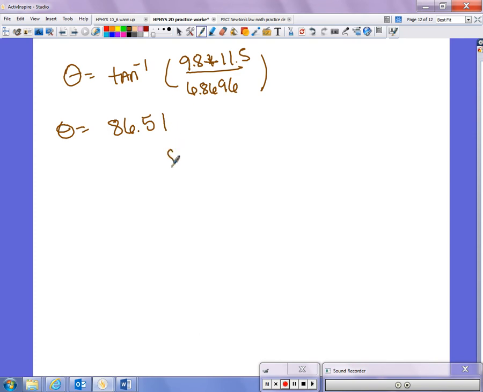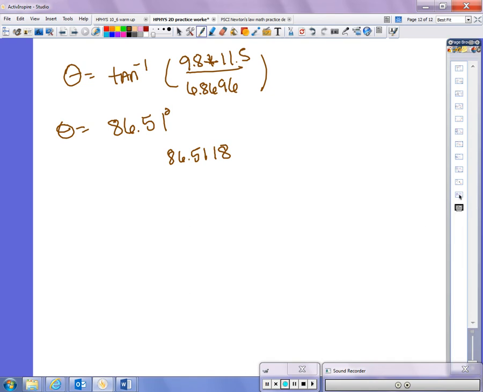And again, I could carry this out 4 decimal places, 86.5118. But I think we're going to find, because this number right here is very low, we shouldn't end up with a very big rounding error, but I'll do both of them just to make sure.